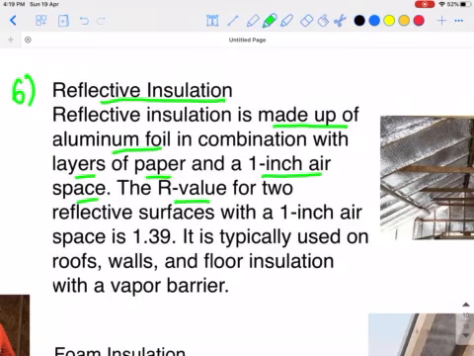The R value for two reflective surfaces with a 1 inch air space is 1.39. It is typically used on roofs, walls and floors insulation with a vapor barrier.